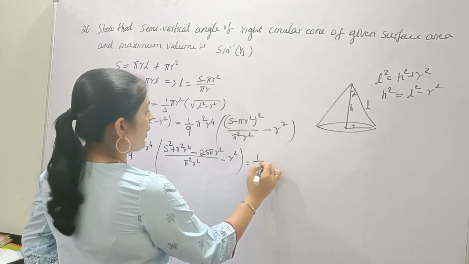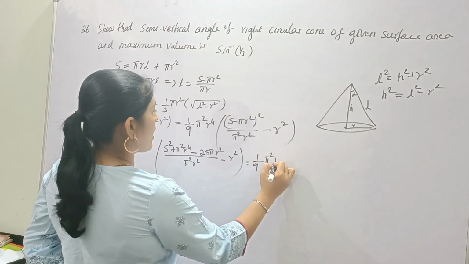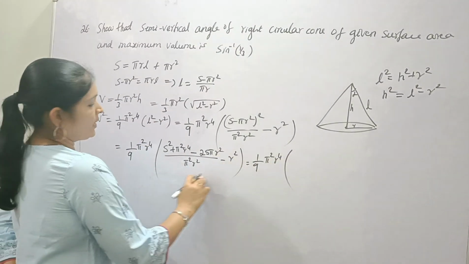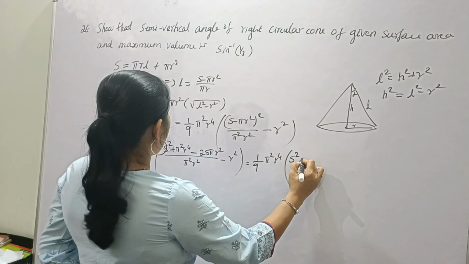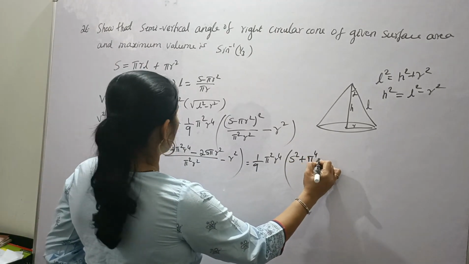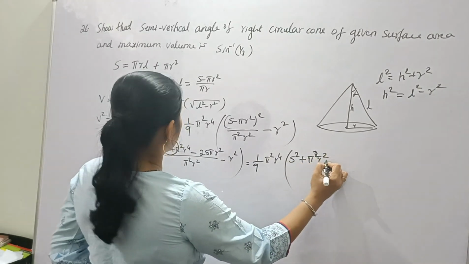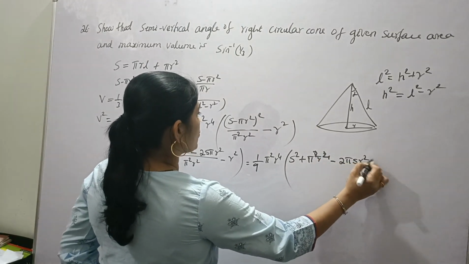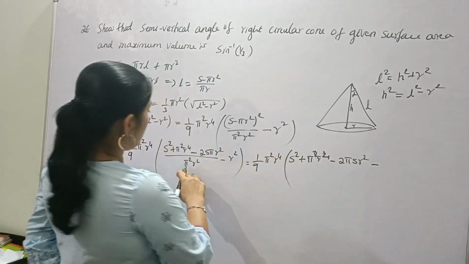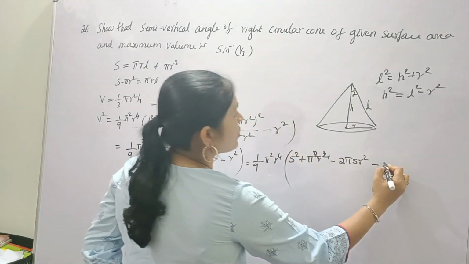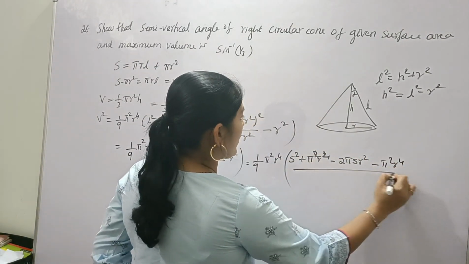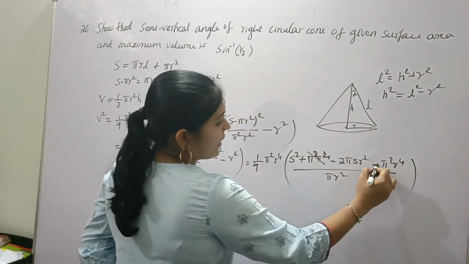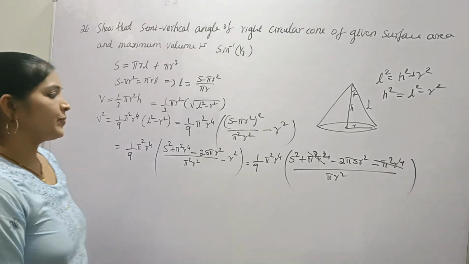That is equal to 1 by 9 pi square R raised to 4 into, taking the LCM, S square plus pi square R raised to 4 minus 2 pi S R square minus pi square R raised to 4, divided by pi square R square. See, this pi square R raised to 4 and pi square R raised to 4 cancel.